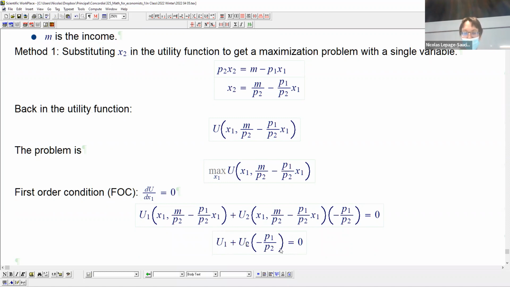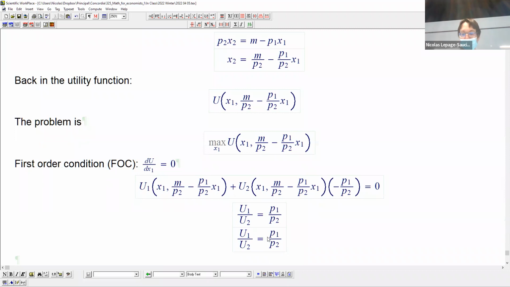So we get plus this. And of course, if you remember, this is the marginal utility 1, and this is the marginal utility 2. Remember marginal utilities? Okay, so we found what we were looking for.